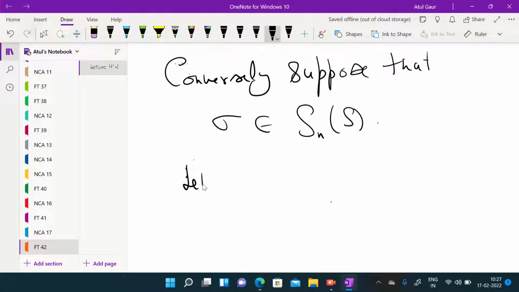So that is, let's say sigma alpha i goes to alpha j i, for all i. So that means sigma alpha 1 is alpha j1, sigma alpha 2 is alpha j2, ..., sigma alpha n is alpha jn.